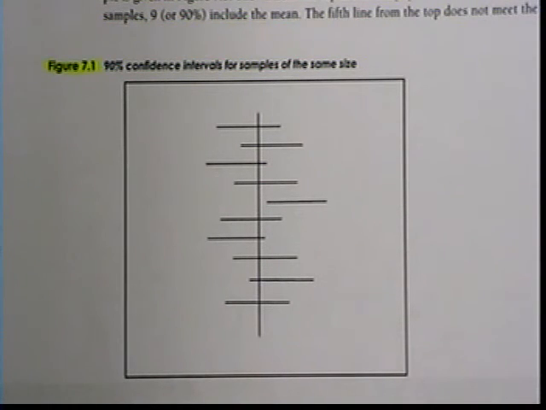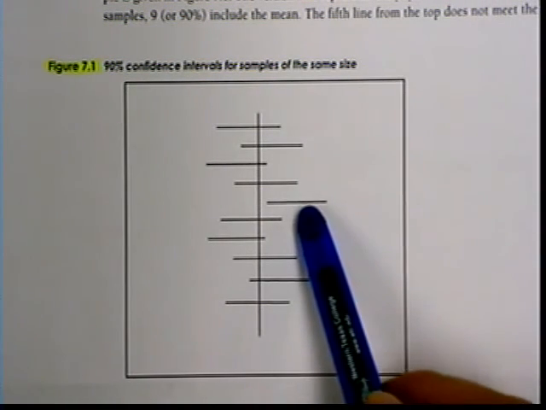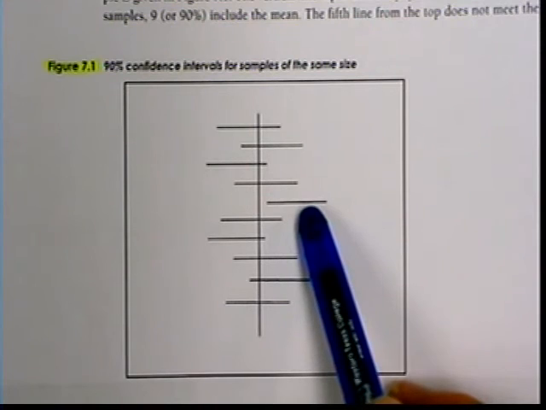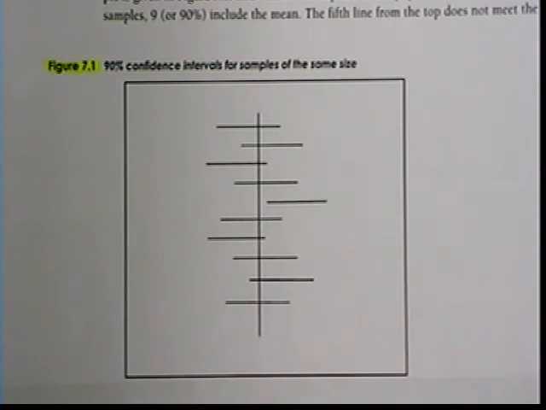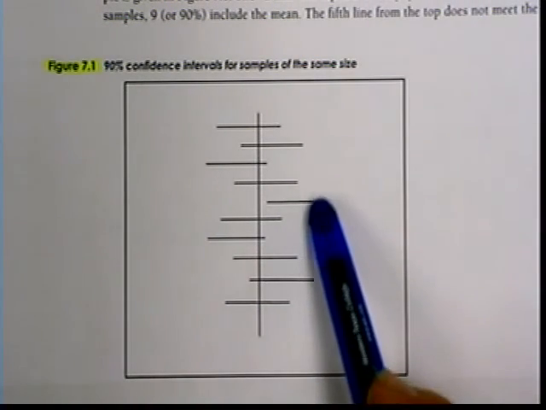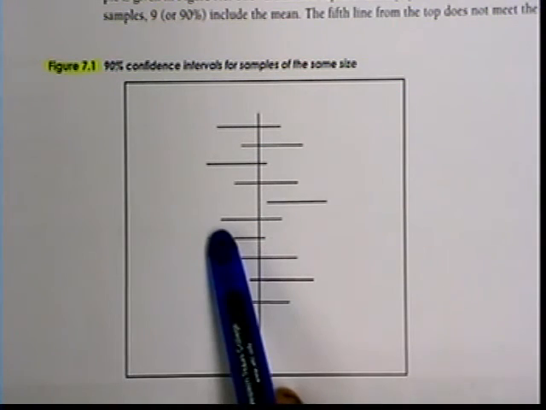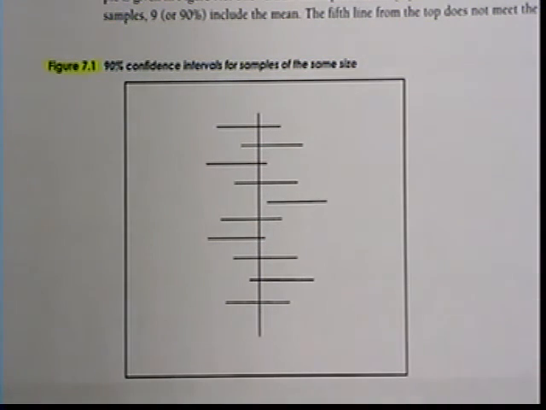The challenging thing about that is that we do not know. We might get this sample and think that it's a good sample, but it doesn't contain the true population mean. There's still that 10% chance of uncertainty. So we don't know if this sample is a better sample than that sample. And that's one of the reasons why you'll hear us as statisticians keep talking about randomization and the importance of randomizing your results.